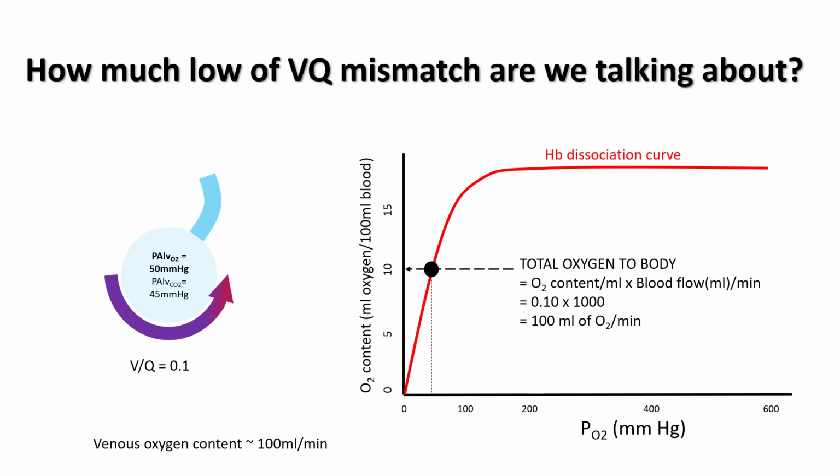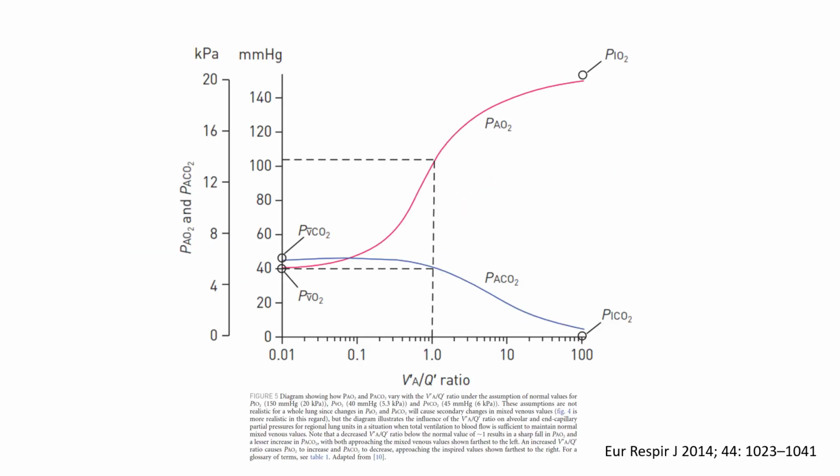Know that the venous oxygen content would be around 100 ml per minute in this case. So once P alveolar reaches near 45, the total amount of oxygen that is coming out of these low VQ alveoli is pretty minimal.